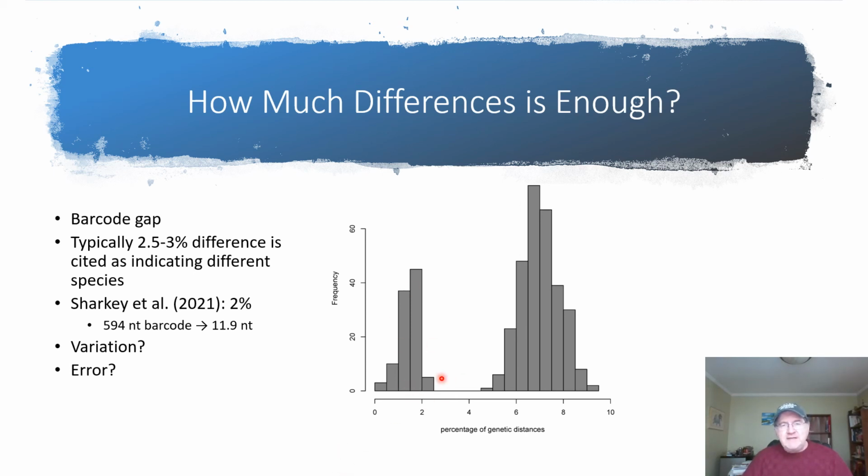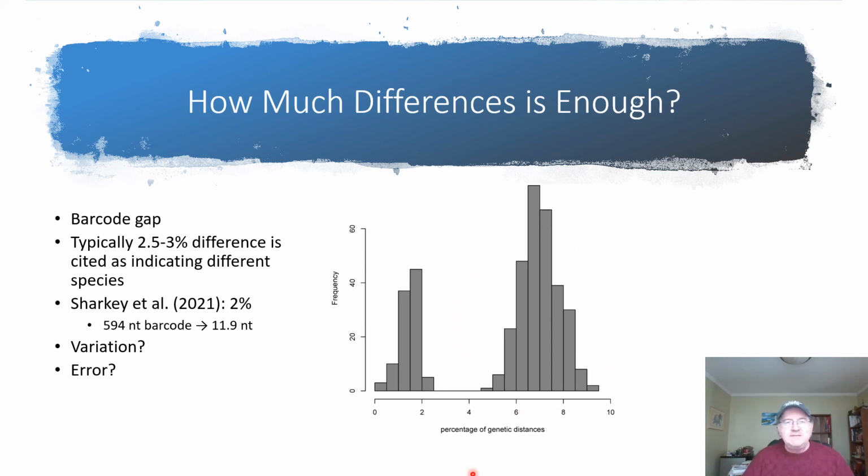And if you graph this out as a frequency distribution, we would see a bunch of specimens that are very similar, and then a bunch of specimen combinations, I should say, that are much more different. And there is a gap between these two, the so-called barcode gap, that differentiates intraspecific variation from interspecific variation here.